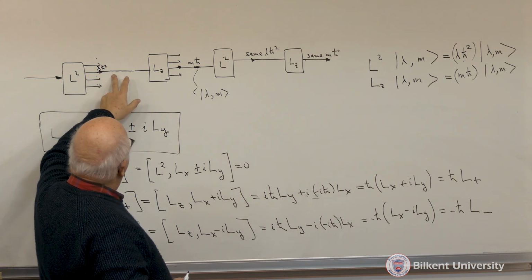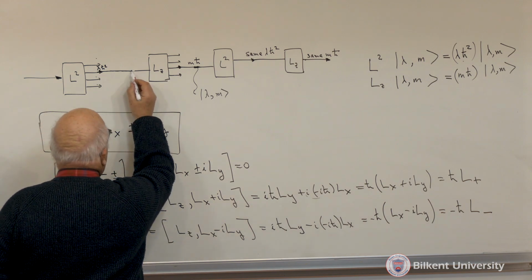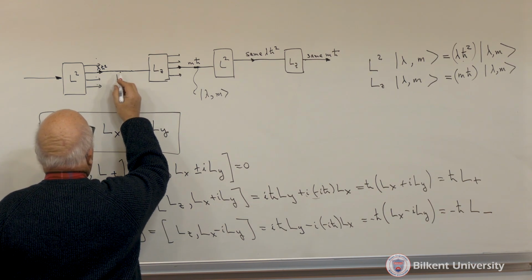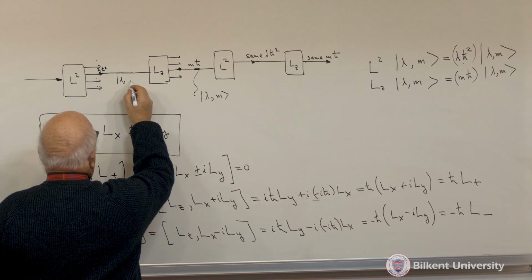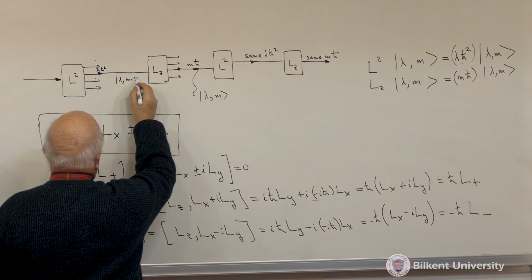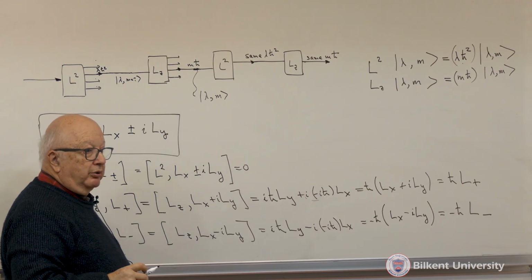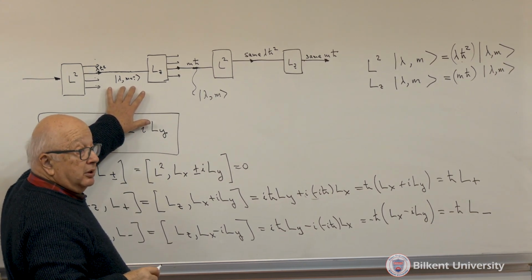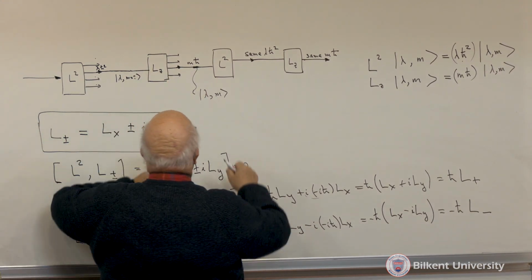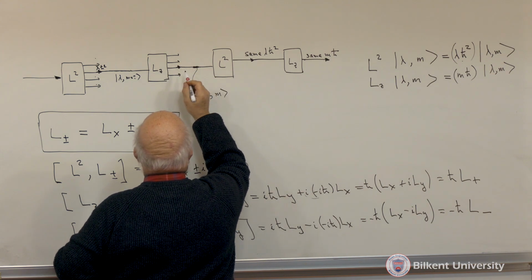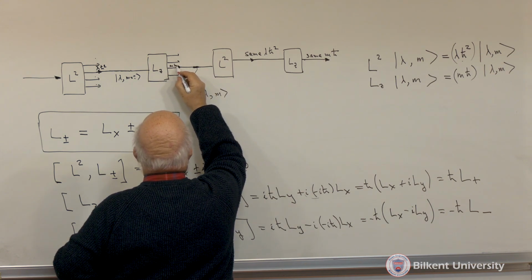So the state that's flying over here now is going to be lambda and m equal to something that I don't know. Okay, that's the eigenstate. Now over here, m h bar is one of these possibilities.